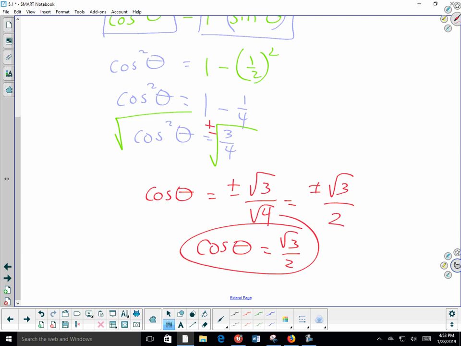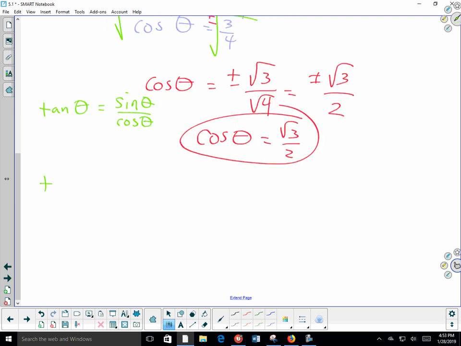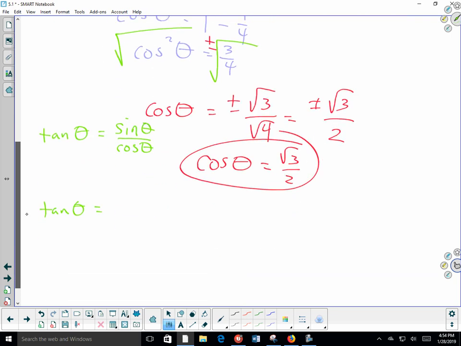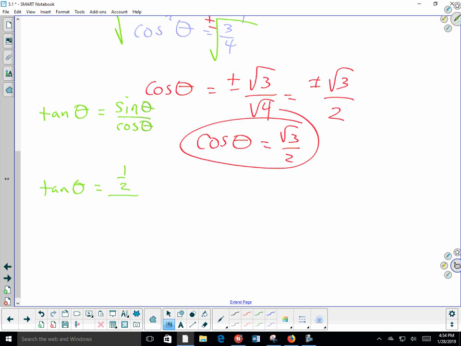If we want to find tangent, we could use the identity that says tangent of theta equals sine of theta over cosine of theta. If we plug in our values, sine is equal to 1/2, and the cosine we just found to be square root of 3 over 2.